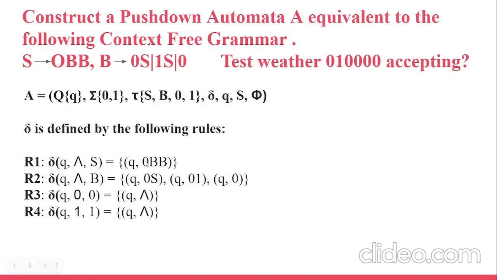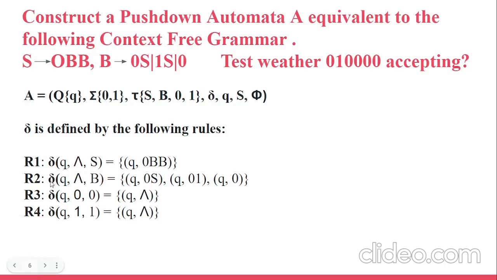As we can see, we are given 4 rules for representing this grammar. The first rule is: at the initial state, if the stack contains S, the start symbol, we can replace S with 0BB. 0 is the terminal and B is a non-terminal.